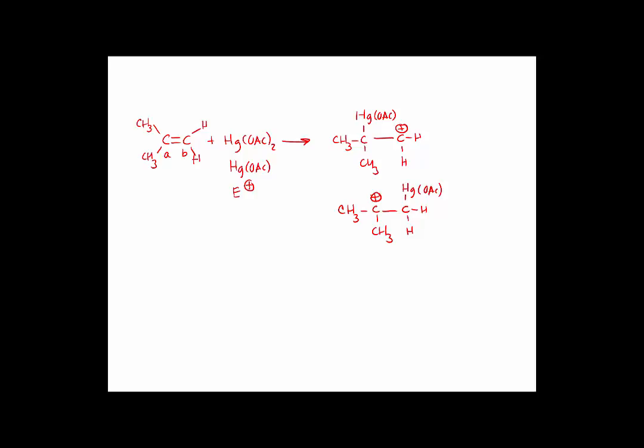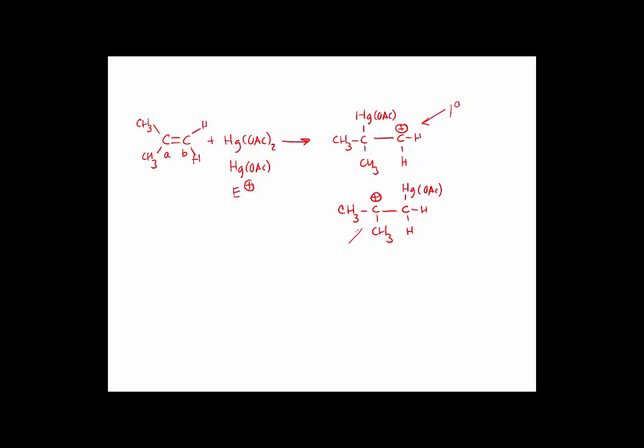We're explaining Markovnikov's rule. So I'm going to add the electrophile to A and B. Which one does it add to? The one that forms the most stable carbocation. What kind of carbocation is the first one? This one is primary.